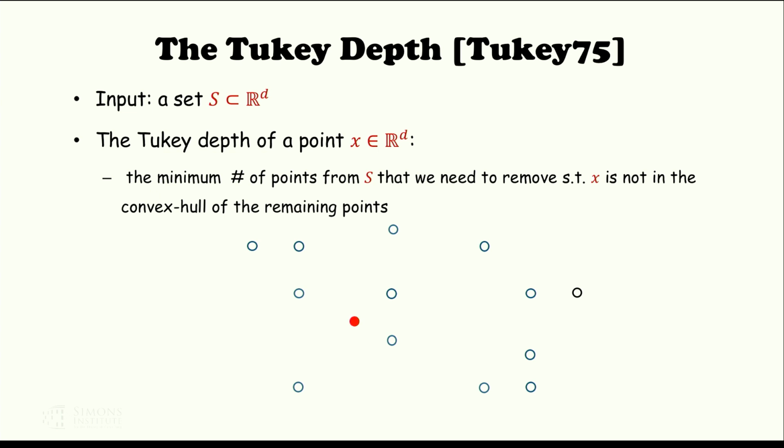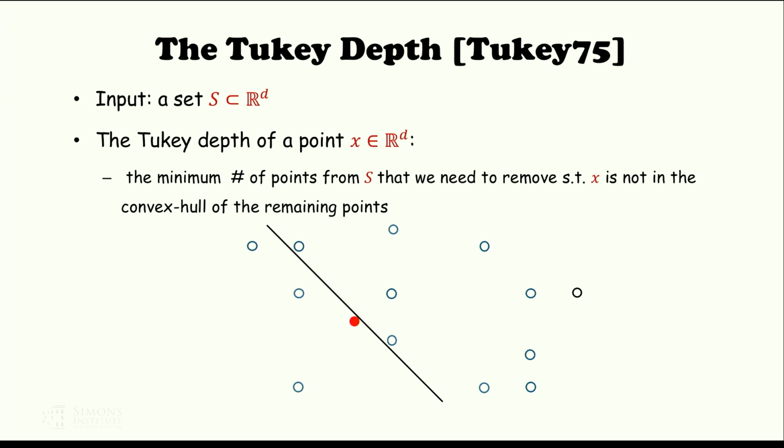For example, if I take this red point, how many points do I have to remove so that the point won't be in the convex hull? 3. I also thought it's 4, and found... So if I remove all the points to the right of the line, the red point won't be in the convex hull of the remaining points.